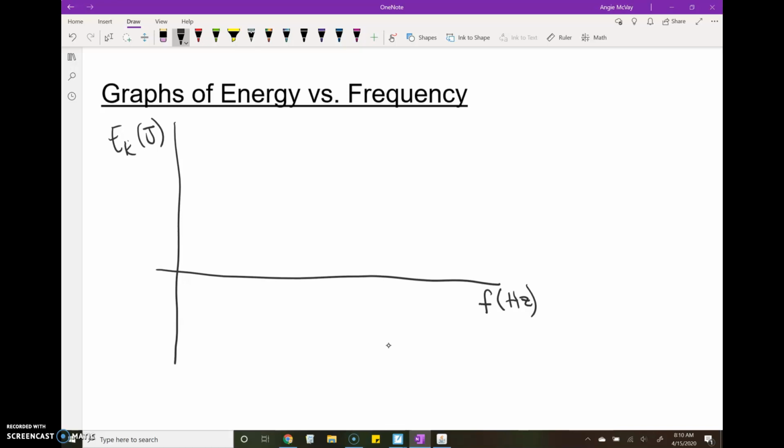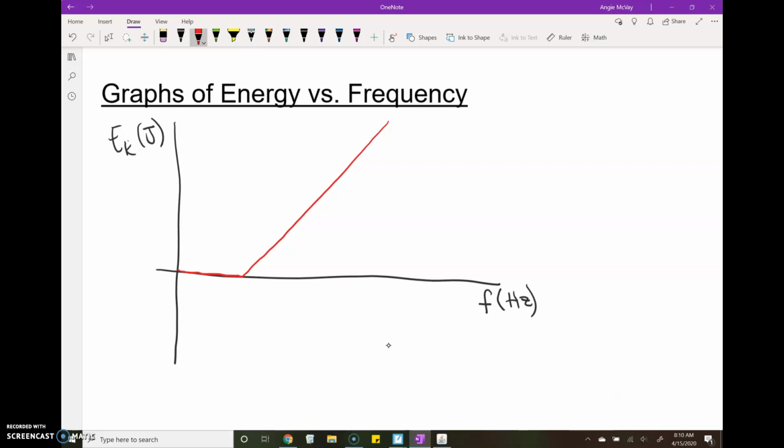And so what we've got here is you should have gotten a proportional or a linear line like this, right, that has an x-intercept that's positive. Okay, and you should have noticed that there's no kinetic energy for your electrons up to this specific frequency, and then at that specific frequency the energy increased linearly with frequency.